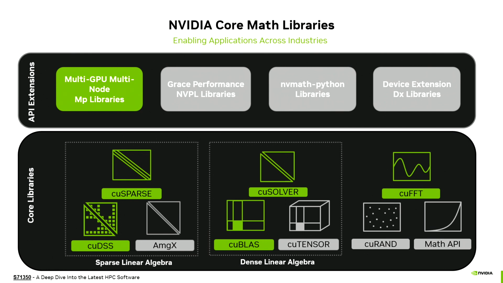And on top of that, we have a set of libraries which are extension libraries. They provide additional functionality or interfaces to these libraries, including Pythonic interfaces, or, for example, multi-GPU, multi-node support through the MP libraries. The ones that I have shown in green are the ones that we will cover in this presentation with some examples.